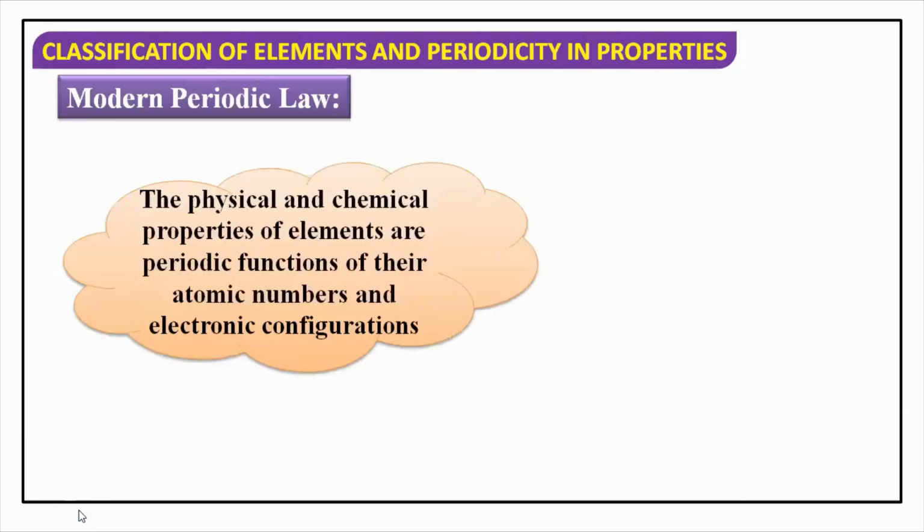The modern periodic law says that the physical and chemical properties of the elements are periodic functions of their atomic number and electronic configuration.